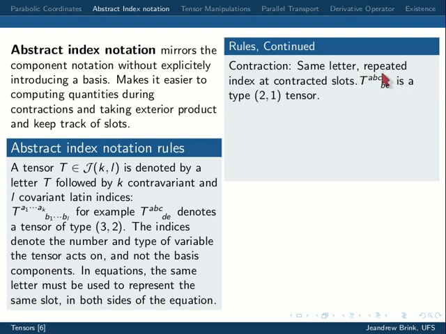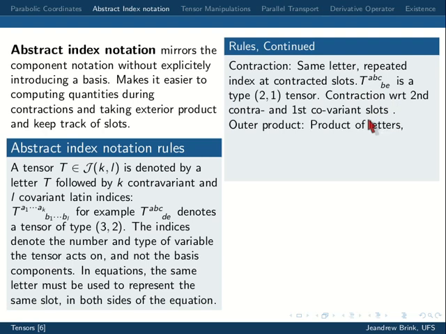And so this actually represents not a 3-2 tensor, but a 3 minus 1, 2 minus 1 tensor. If you had TAA, you would simply have a scalar, because you have contracted a contravariant index with a covariant index, and that's exactly the same as taking the trace of a matrix. So that is contraction with respect to the second contravariant and first covariant index.